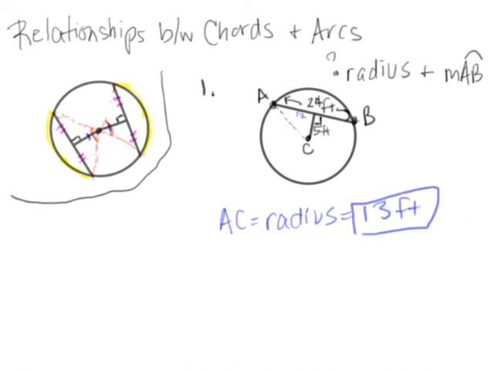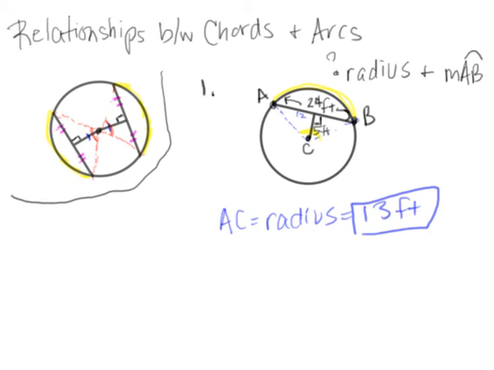Okay, we figured out one thing. The next thing we'll need to find is the measure of arc AB. According to our relationships, arc AB must be the same as this entire central angle in here if I were to extend the rest of that radius right there. So those are going to be the same. I can use right triangle trig to find the measure of this angle.